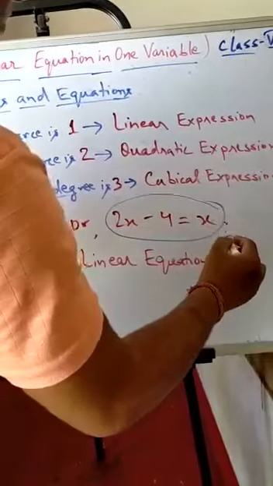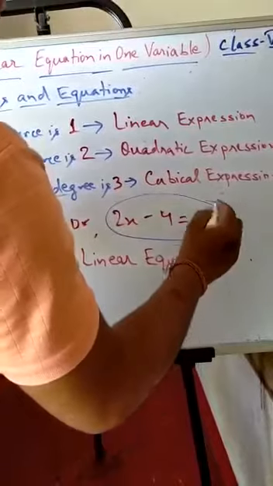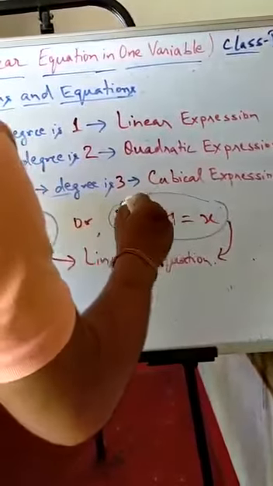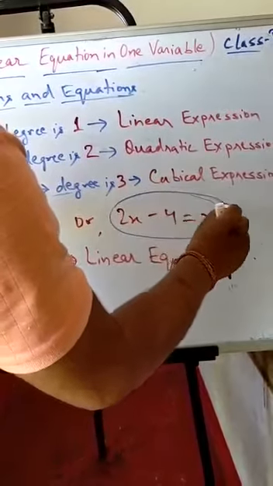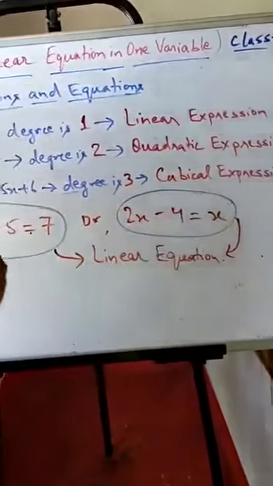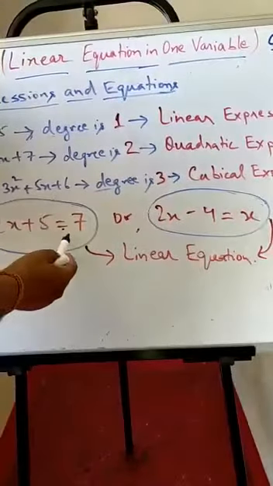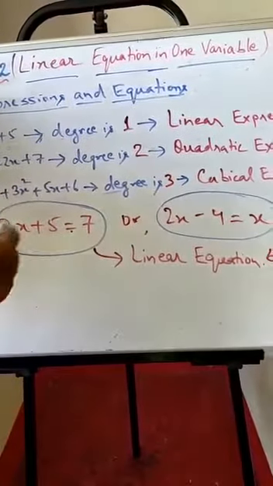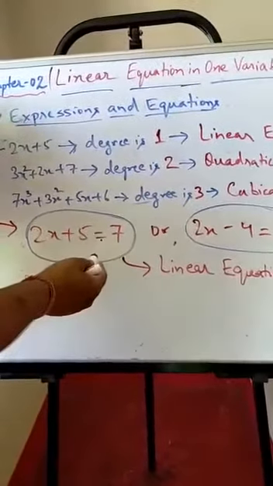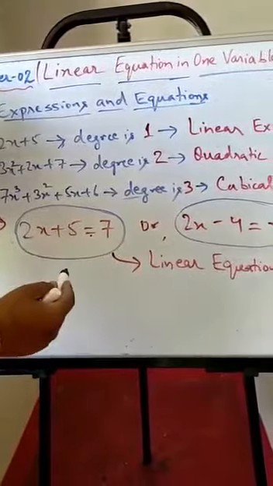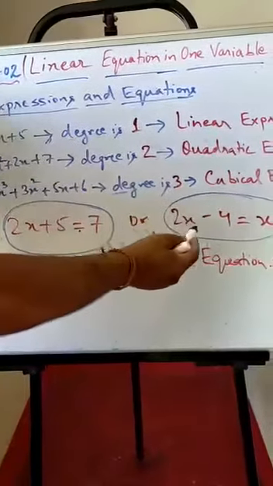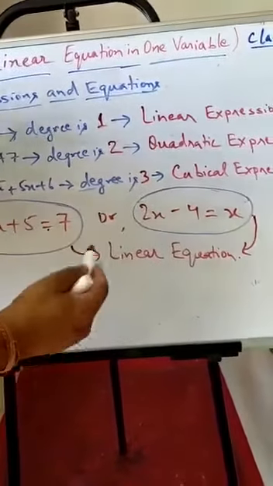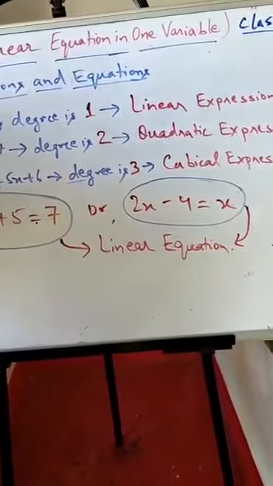It means on the other side of the equal sign it may have a number, or it may have some variable also. In both cases it is called a linear equation.